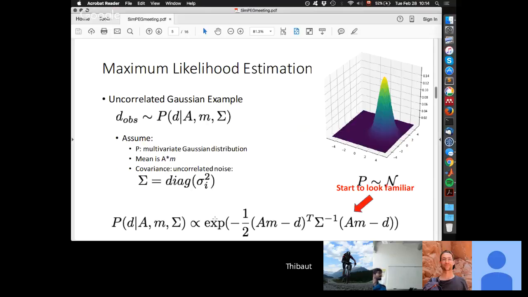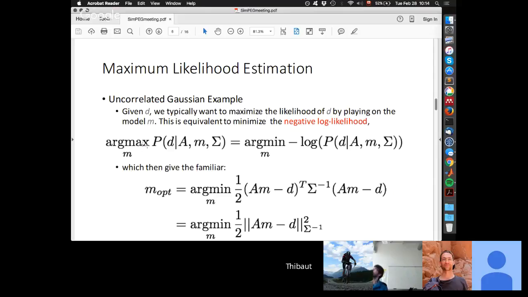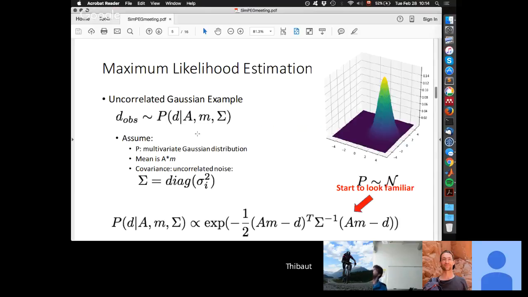So you're choosing to take the log? Yes, I choose to take the log because it's convenient in that case. If your function is nice and you just want to maximize it, why not? For a Gaussian, and for many distributions, it's really nice to take the log of the exponential.